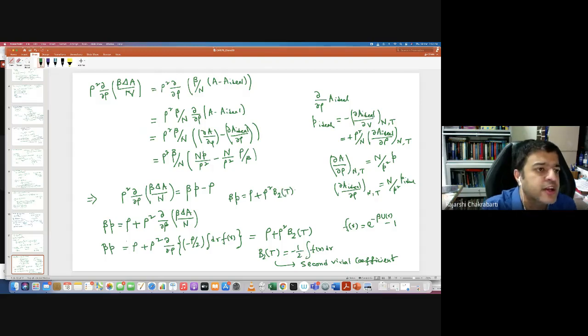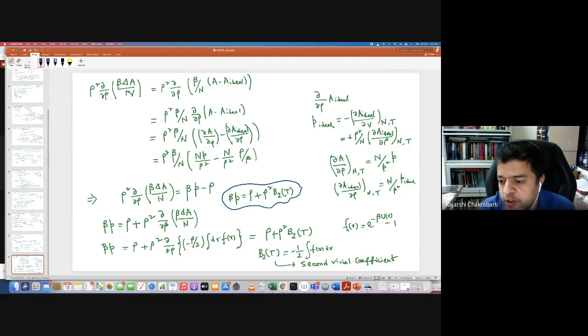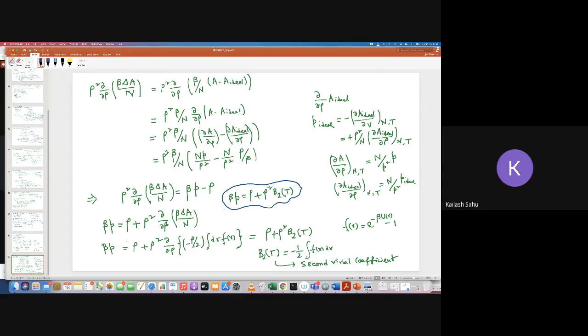What will be the second virial coefficient for an ideal gas? Because u is 0, there is no interaction. u is 0, so e to the minus beta u is 1, 1 minus 1 is 0, f(r) is 0, so B2(t) is 0. In this case beta is 1 over kBT, so you take it to the other side, and pressure is kBT times rho. What you have derived here is like the virial equation of state for the fluid. Yes, this is exactly what I have done.